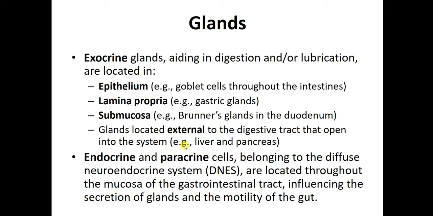Then we have endocrine and paracrine cells. They belong to the diffuse neuroendocrine system. So what's the difference between exocrine and endocrine glands? Exocrine glands secrete onto the surfaces of epithelial cells, into the orifices, but endocrine and paracrine cells produce their secretion directly into the connective tissue nearby, and then from the connective tissue it reaches the blood.